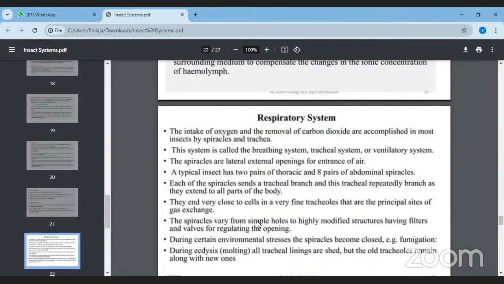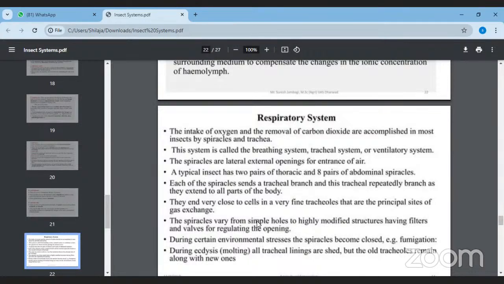The spiracles are large external openings for the entry of air into the body. As we have been discussing, 2 to 3 pairs are present in the thoracic region, and 8 to 9 pairs of abdominal spiracles are present in the abdomen region of the insects.